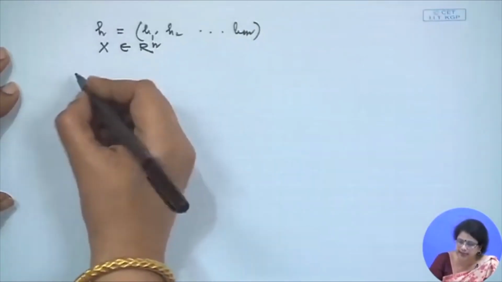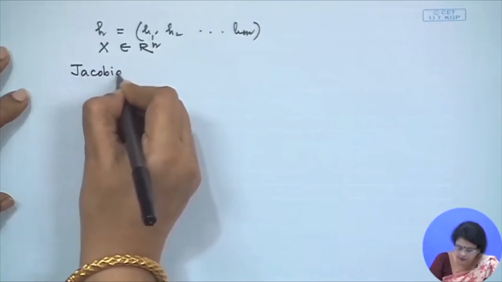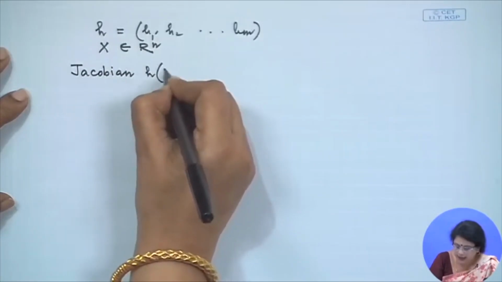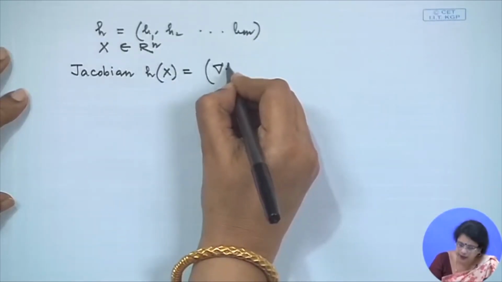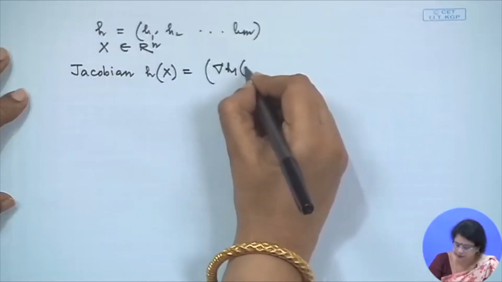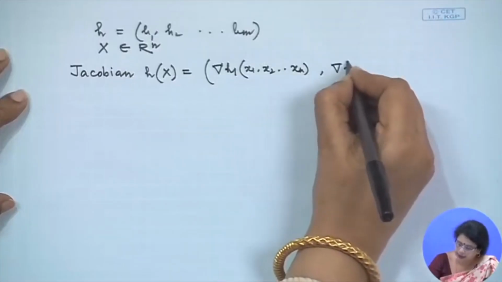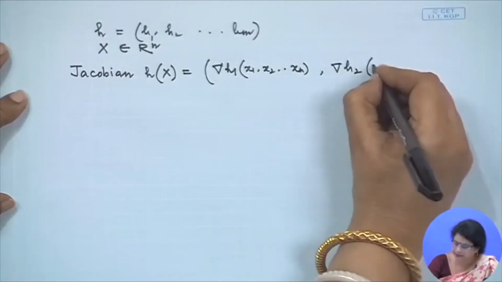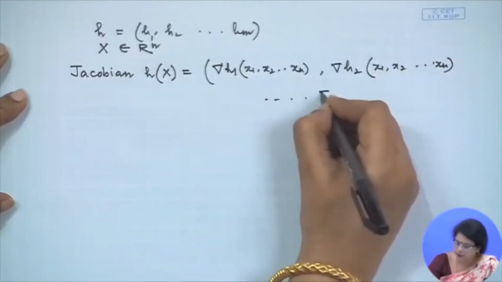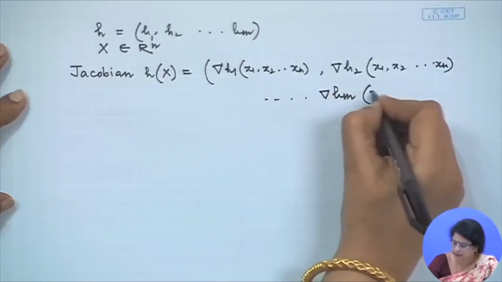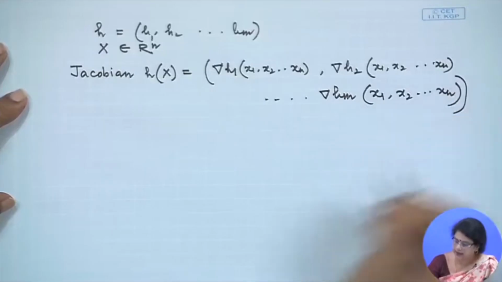Now, if we consider the Jacobian of H(x), this is equal to grad of H1 at x1, x2, xn, grad of H2, this is a vector, at x1, x2, xn, up to grad of Hm at x1, x2, xn. This is the Jacobian.